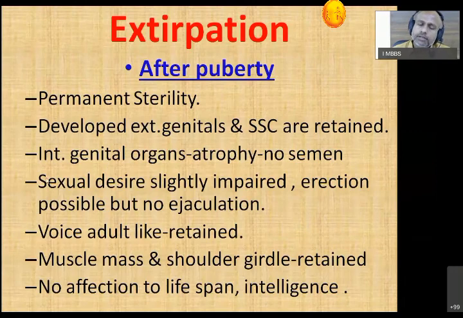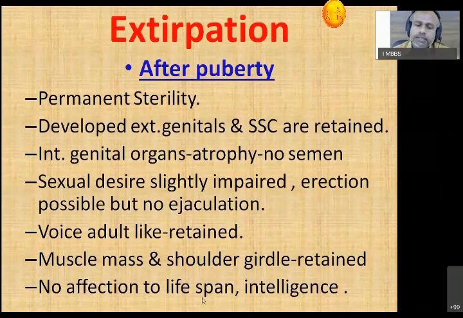Though spermatozoa are absent, 91% is contributed by these glands, which flourish under the influence of testosterone. If there is no testosterone, the glands atrophy and there will be no ejaculation. Once the larynx has developed, the vocal cords are thickened by the effect of testosterone, so the voice remains adult-like. Muscle mass and shoulder girdle are retained.